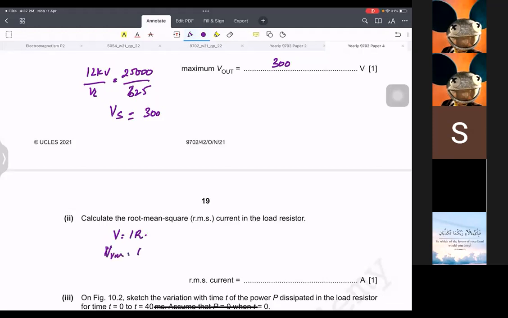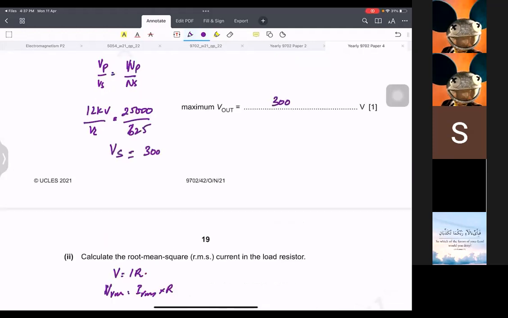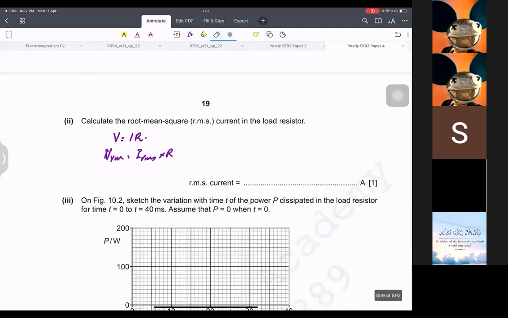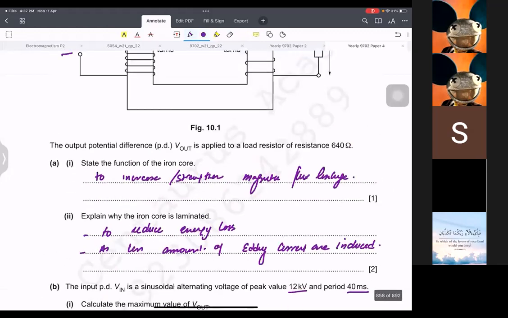V RMS equals I RMS times R. R is 640 ohms, right? To get V RMS, it will be 300 over root 2. So 300 over root 2 divided by 640.